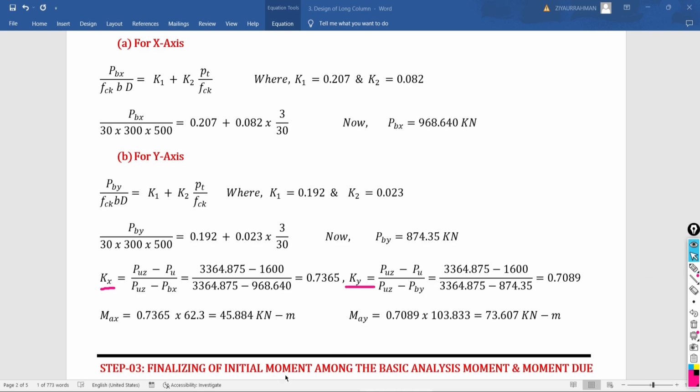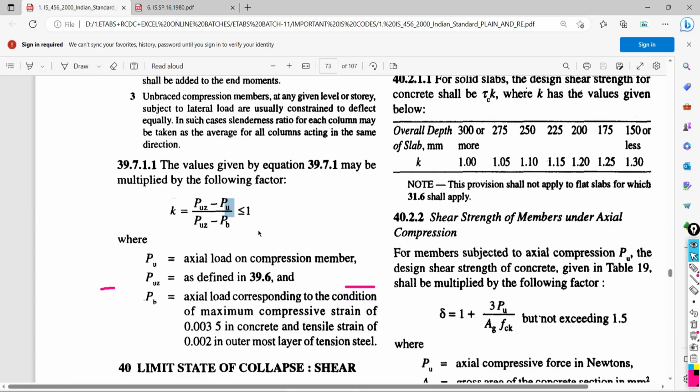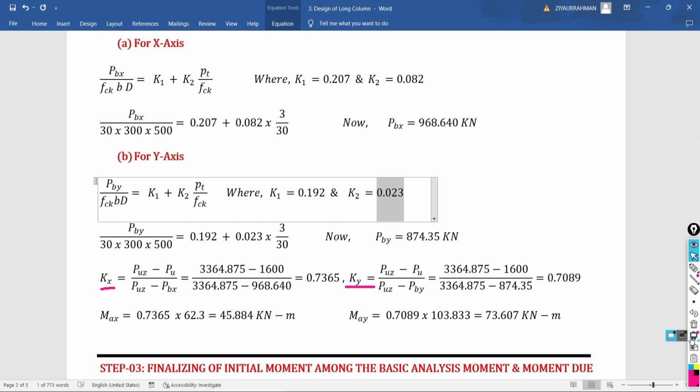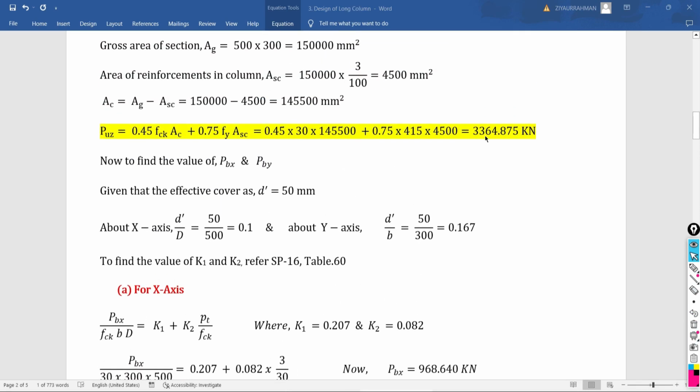After all of this, finally we have to calculate the moment reduction factor as Kx and Ky. The same equation we have to use which is given in your IS 456. This K value, moment reduction factor about x-axis and moment reduction factor about y-axis, this equation we have to use. So you have to put the value of Puz. How much we have calculated Puz? It is actually 3364.875.